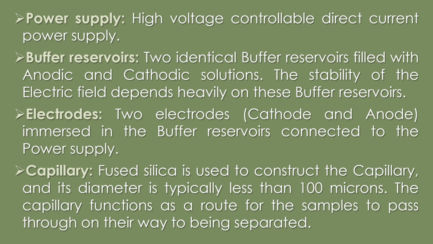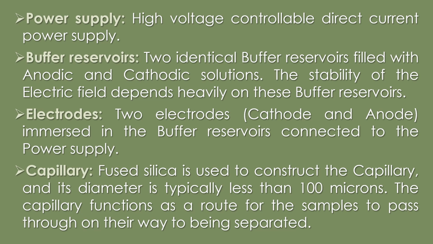Power supply. Capillary electrophoresis requires a high voltage controllable direct current power supply. Buffer reservoirs. Capillary electrophoresis requires two identical buffer reservoirs filled with anodic and cathodic solutions. The stability of the electric field depends heavily on these buffer reservoirs.